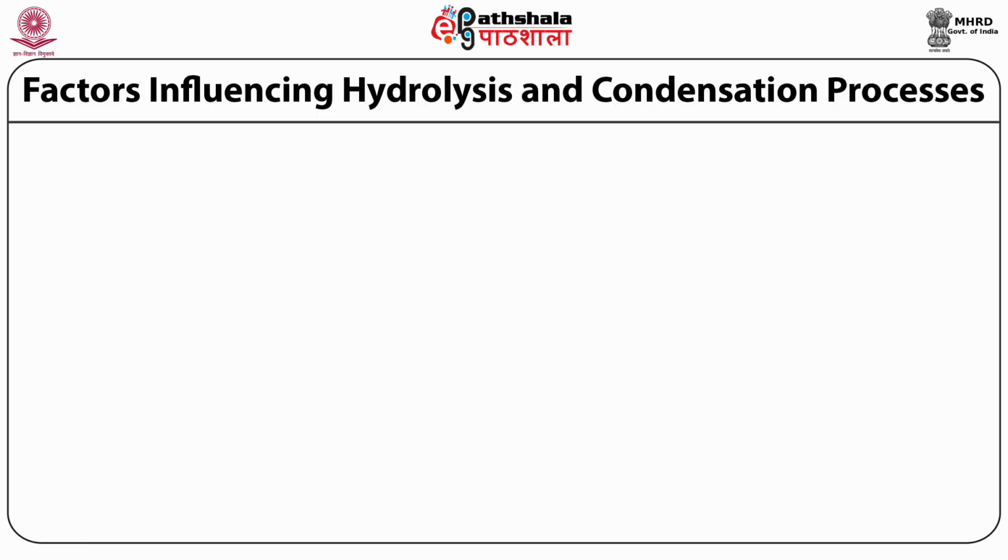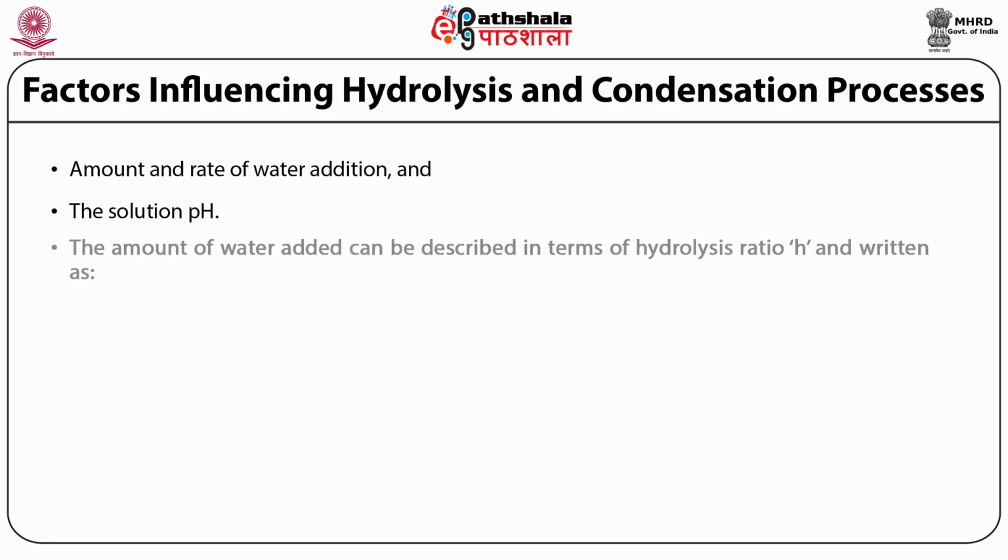Factors that influence any of these reactions also influence the properties of final products. The most crucial factors are amount and rate of water addition, and secondly, the solution pH. The amount of water added can be described in terms of hydrolysis ratio H, written as H is equal to water in moles divided by metal alkoxide M in moles.